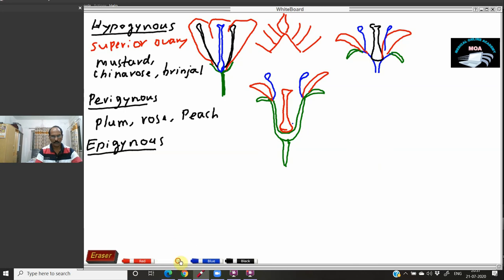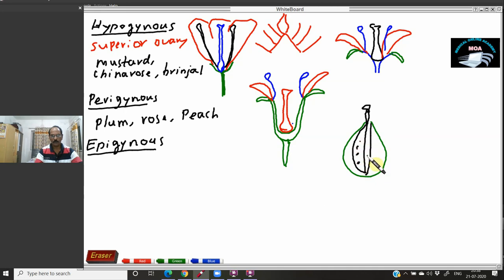You cannot see the rim. The rim is also closed, so it becomes like this, completely closed. The gynoecium is present in the center. This is the style and stigma, and this is the gynoecium. In the gynoecium, you can see the ovules.